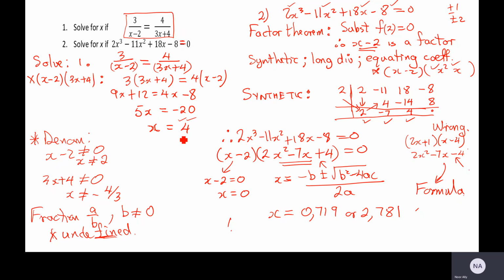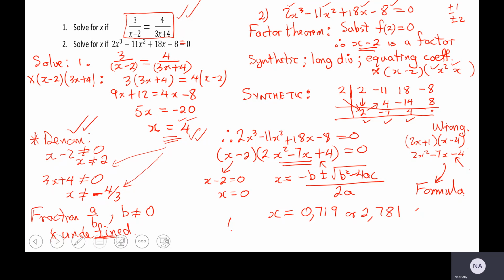Now, in our case, we got an answer x equal to 4, which does not correspond to 2 or minus 4 over 3, which we have to reject. So in this case, we accept x equal to 4. But please recall, whenever you get fractions, check whether the denominators coincide with your answer.